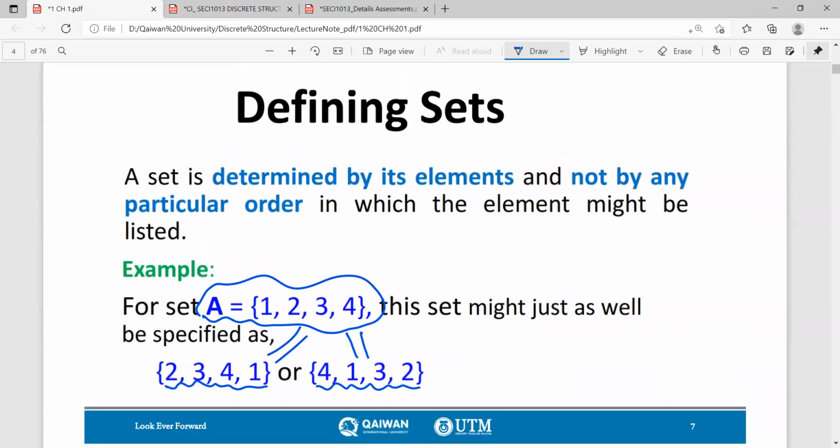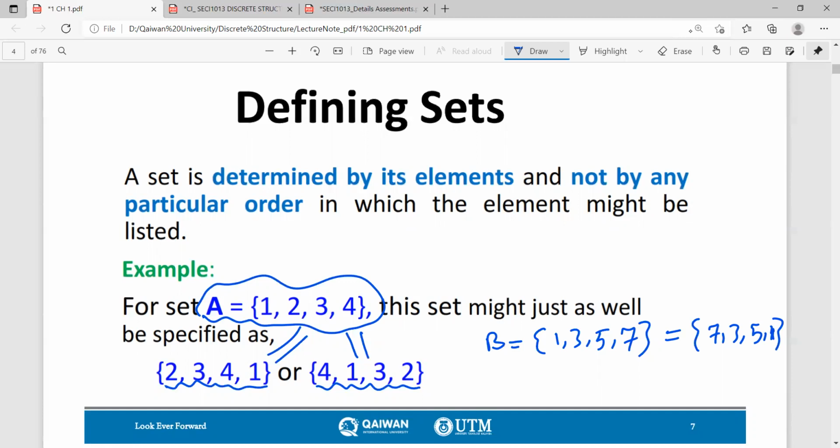For example, if we take another example, let's say B to be 1, 3, 5, 7. It equals 7, 3, 5, 1.